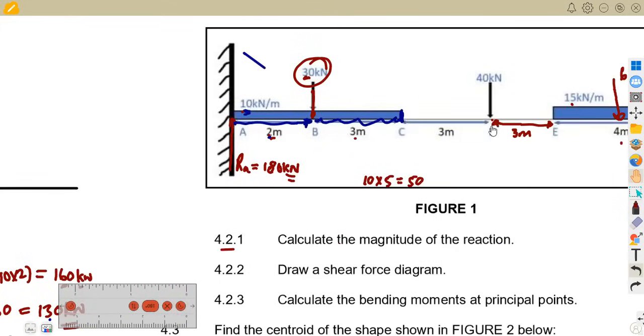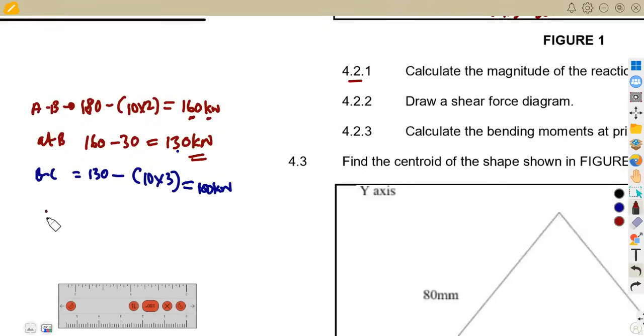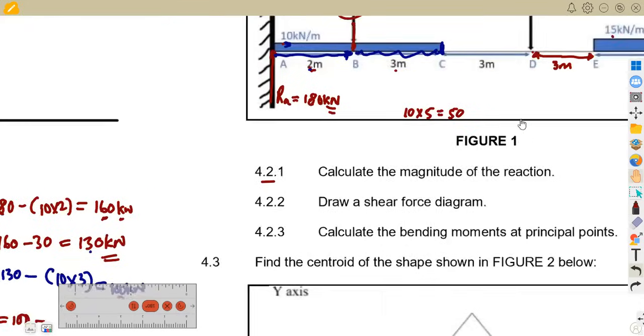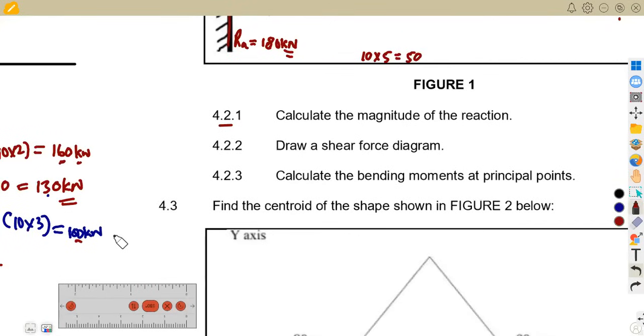All right, then at D, there is a point load. So you're going to subtract. Remember, we are at 100. We subtract that point load at D, which is 40 kilonewton. So this will be at 60 kilonewton, and we're going to remain at 60 kilonewton after that.